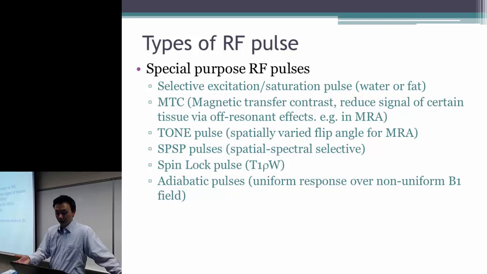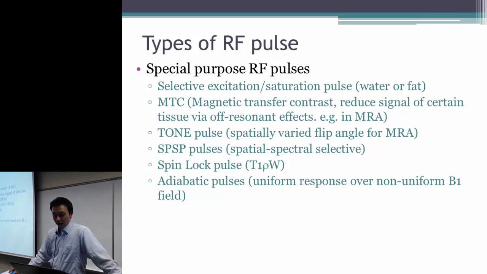It purposely gives you a spatially varied flip angle so that we can use it for MR angiography to reduce blood saturation as it flows into the imaging slab. We'll talk about this in chapter 23. And also the spatial spectral selective RF pulse we just mentioned can achieve selectivity in both the spatial and spectral domains.